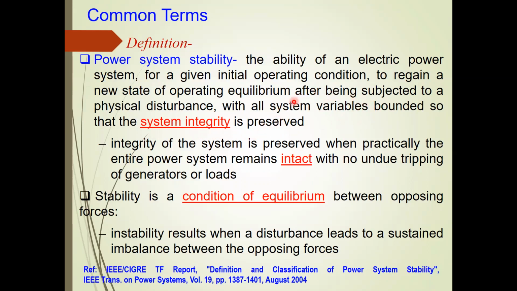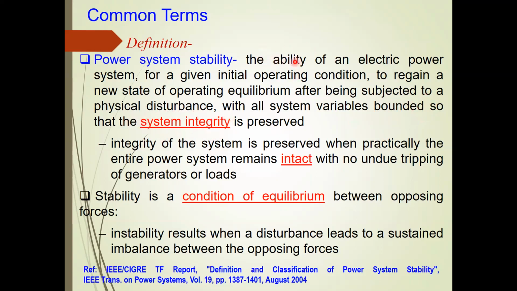So if the system variables, let's say the deviation in the voltage, deviation in the frequency, right? They are within the limits, right? Because if there is a mismatch between the generation and the load, frequency will deviate, your bus voltage will deviate. And if these variables are within acceptable limits, then we say the system integrity is preserved.